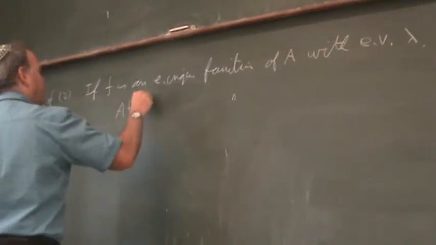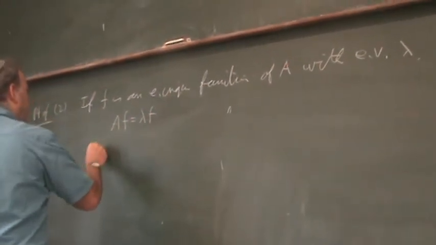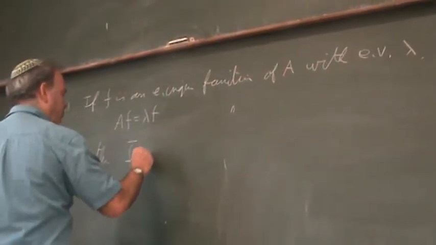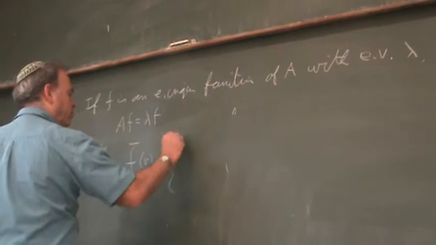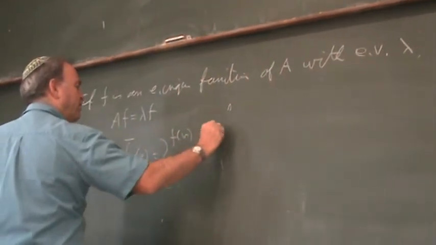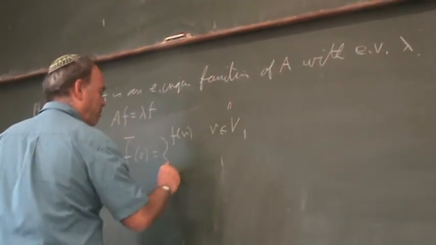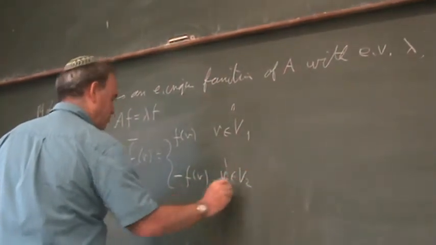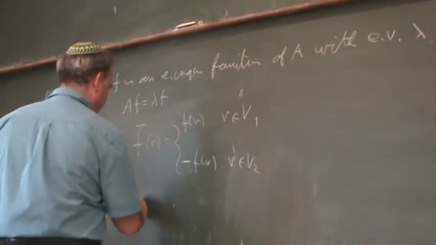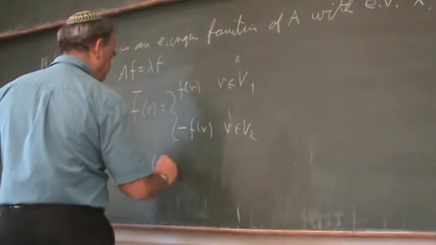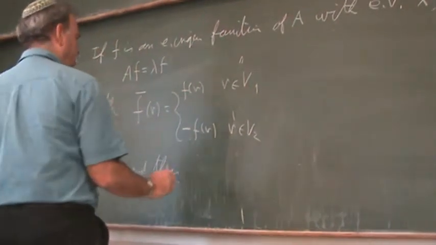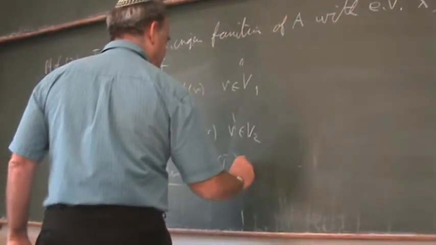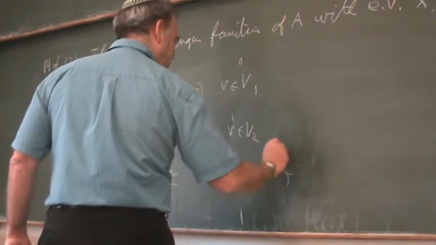Af = lambda f, then you can take f bar of v to be equal to f of v if v is in V1 and minus f of v if v is in V2, and then exactly as before, you can check, A of f bar is minus lambda f bar.